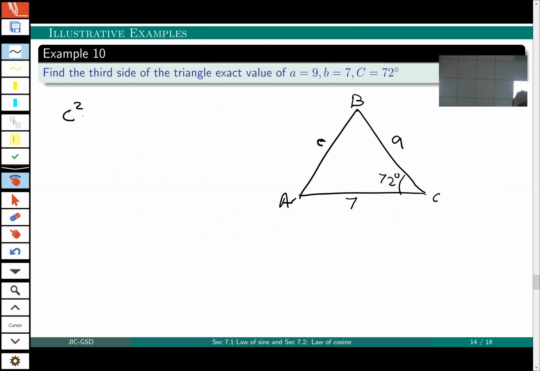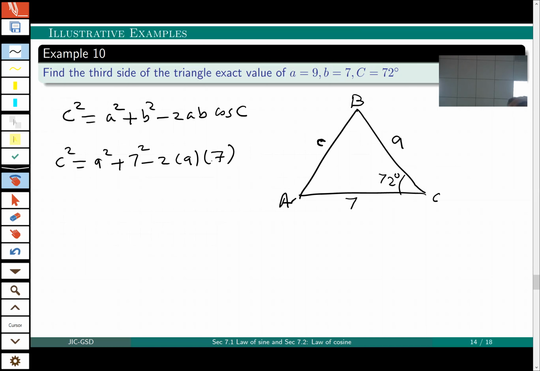So C squared will be equal to A squared plus B squared minus 2AB cosine the angle C. So C squared will equal A squared, it's 9 squared, plus B squared, which is 7 squared, minus 2 times 9 times 7, cosine the angle C, which is cosine 72 degrees.